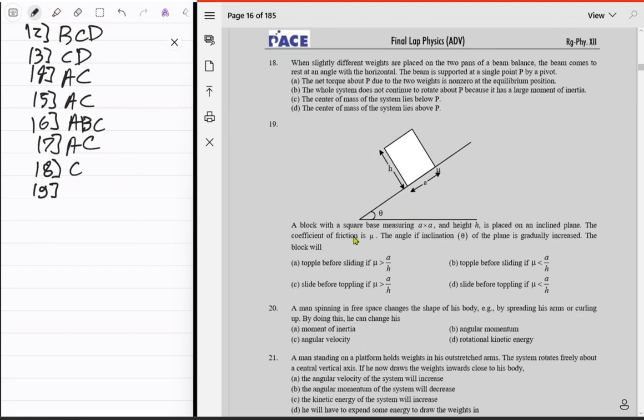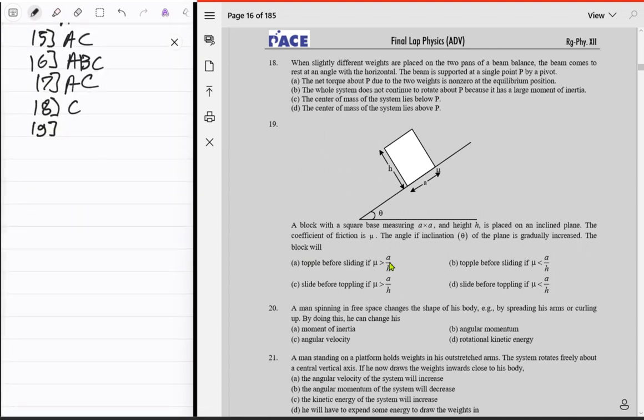A block with a square base measuring a by a and height h is placed on an inclined plane. The coefficient of friction is mu. Okay, the angle of inclination of the plane is gradually increased. Okay, the block will... Right, this is the thing. Okay, cool. So what is the toppling condition in this? Where is its mass? Okay, it's like every side and this direction and dimension or whatever.